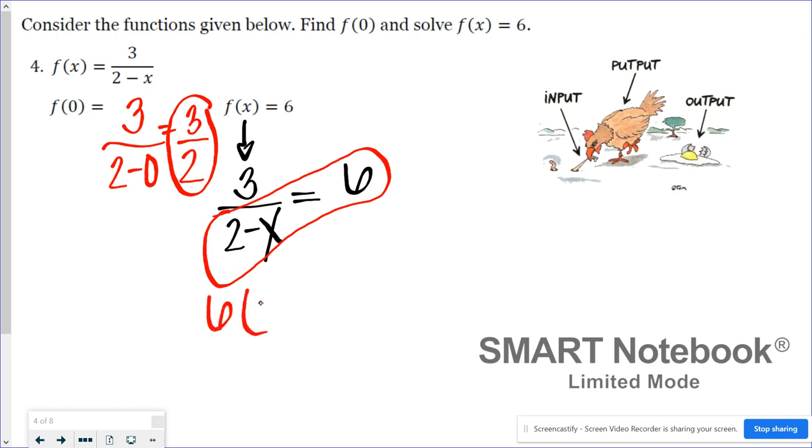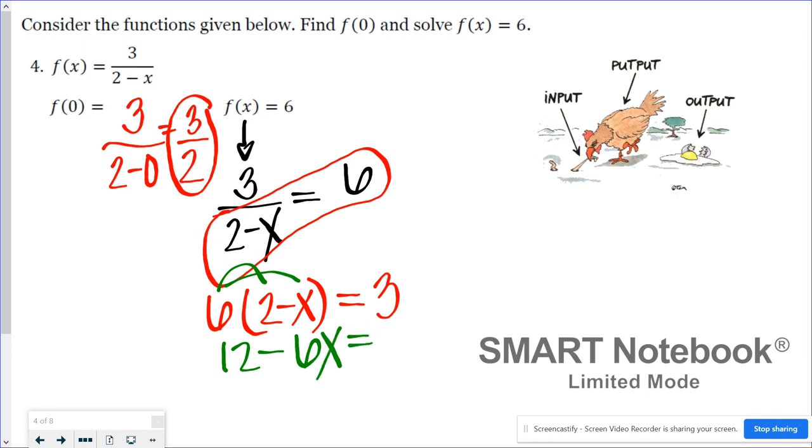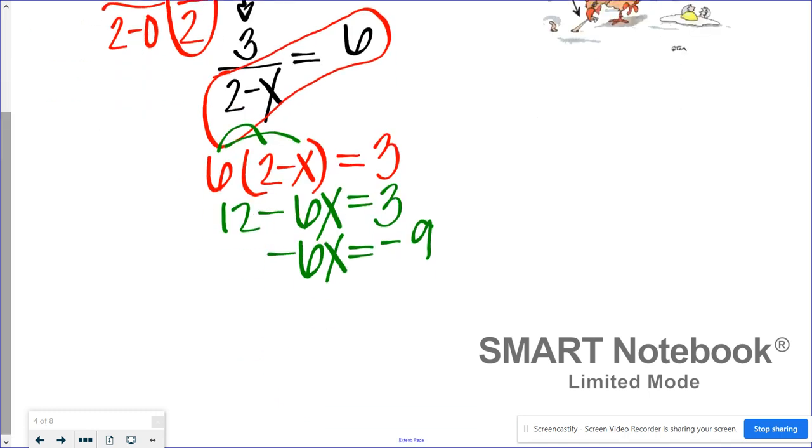I'm going to write it like this, and then I'll worry about distributing in my next step. And that's going to be equal to 3. Okay. And then from here, I'm just doing some basic algebra to do my solving. So 6 times 2 is 12, minus 6 times x is 6x. This is equal to 3. And then you basically got the rest, because it's just a matter of algebra from here.